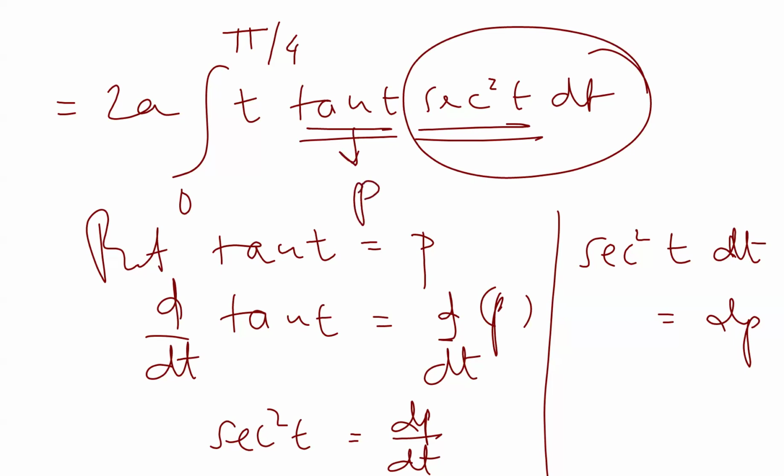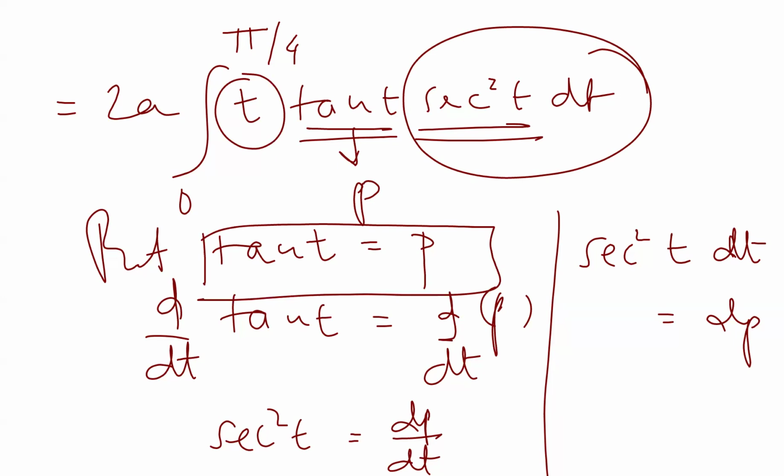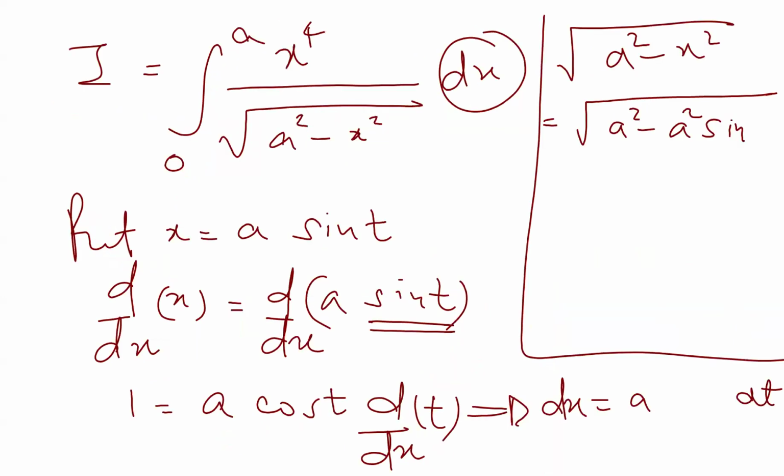But then what about this t? So t will be, see now, p is equal to tan t, therefore t is equal to tan inverse p.